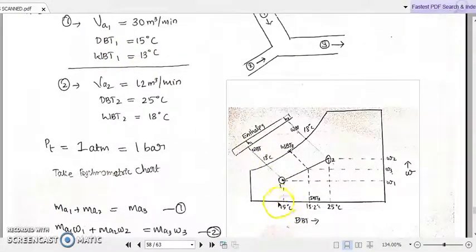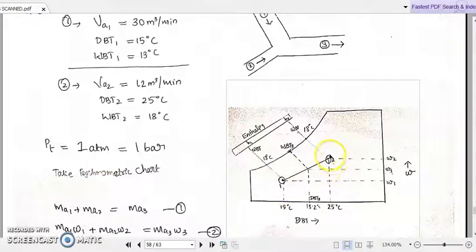We can take DBT1, 15 degrees Celsius, and the WBT1 of the first stream of air. At the meeting point of this 13 degrees Celsius WBT and 15 degrees Celsius DBT, we can mark a point 1, which will be representing the first stream of moist air.